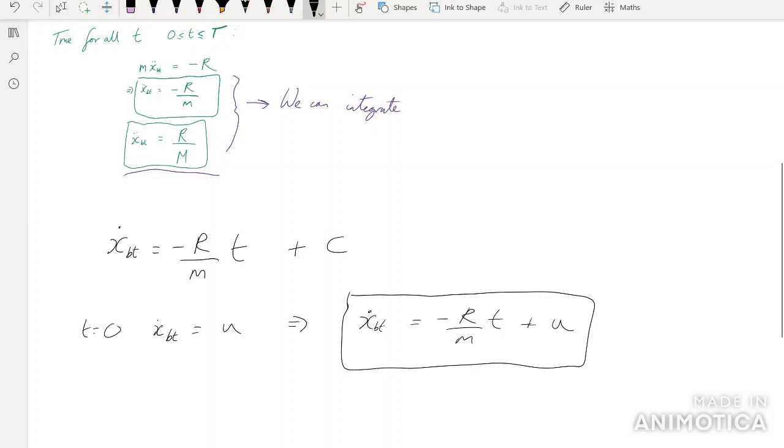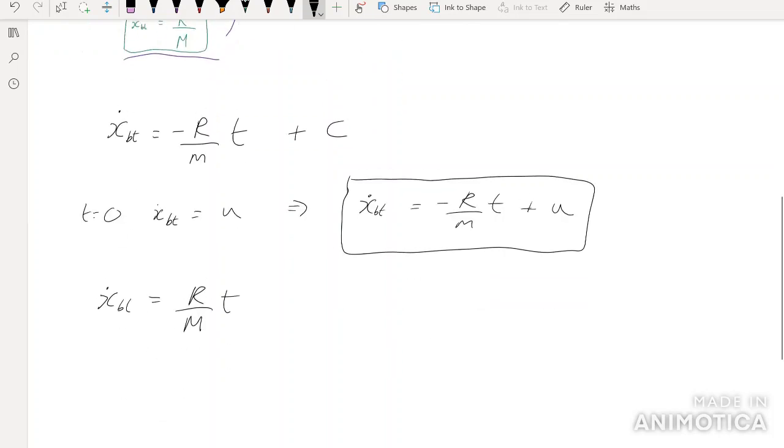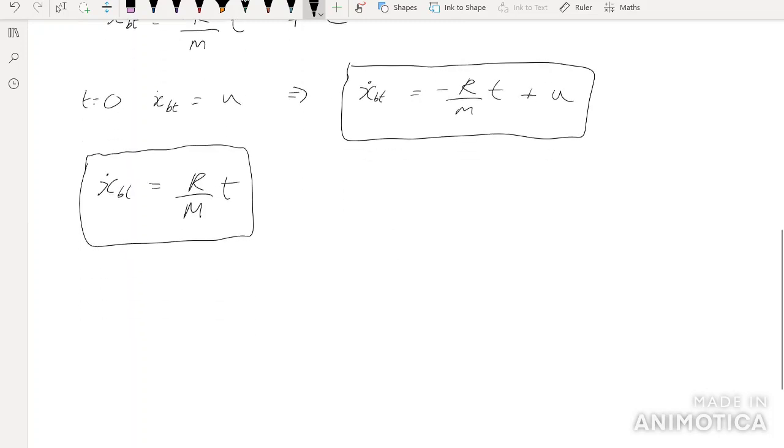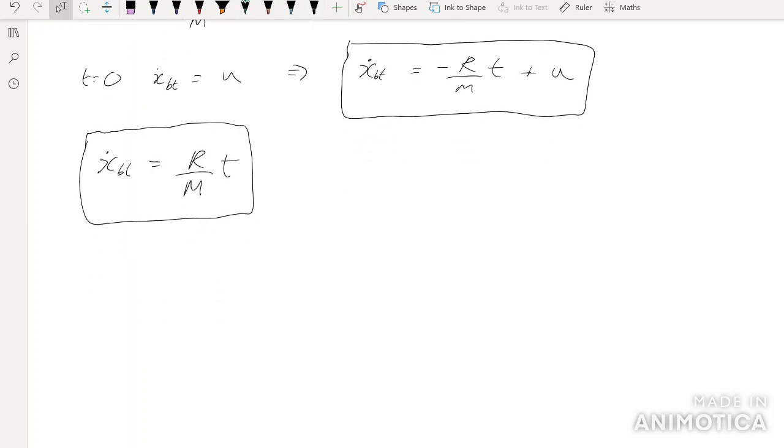And doing a very similar tactic for the block, we get x dot block equals r over M t plus c, but at t equals 0, x dot block is 0, so the plus c goes away if you sub it in, and so we get that. Okay, and now we can just do the same thing again because, well, why not?